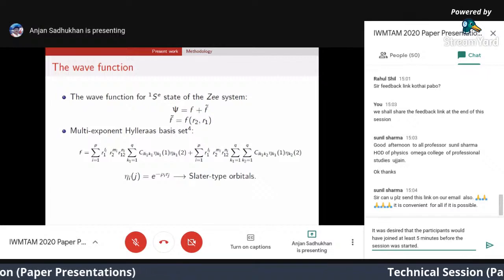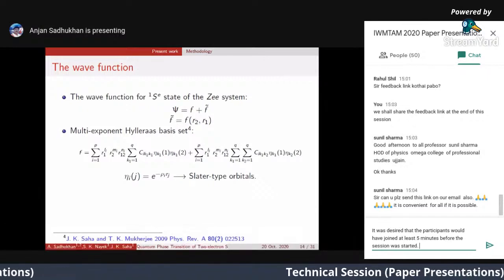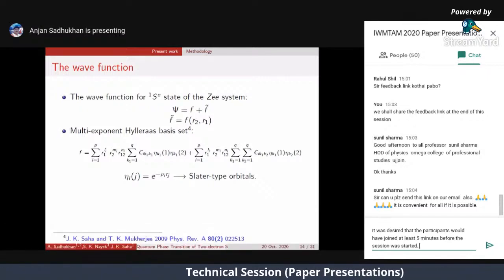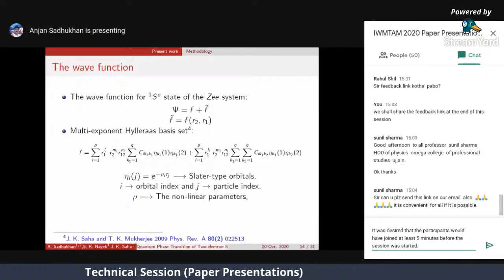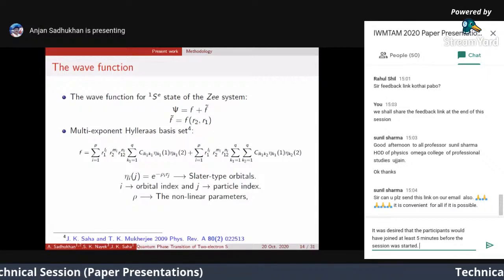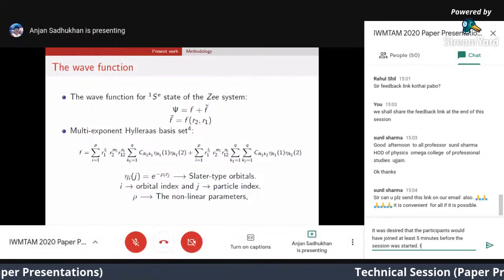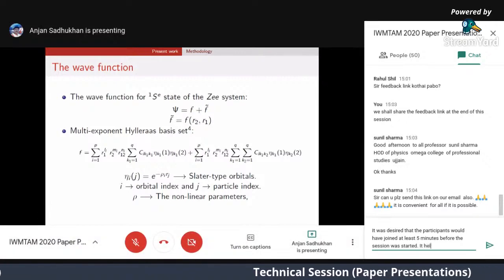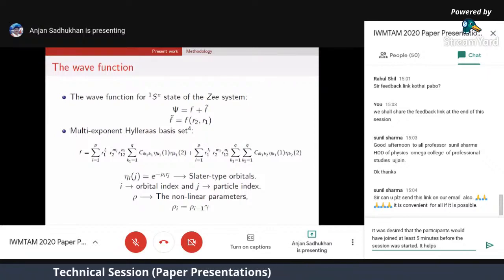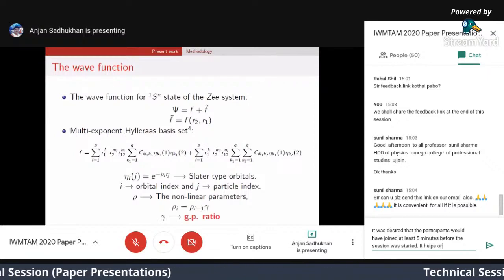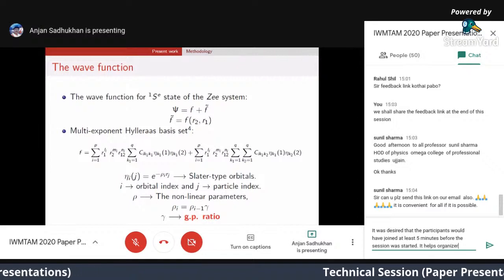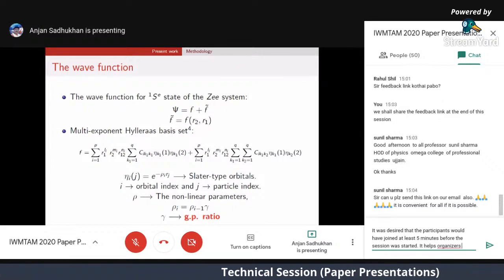In the present calculation, we have considered a multi-exponent basis set, and the nonlinear parameters rho in this expression are generated from a geometrical progression with GP ratio gamma. To obtain the lowest ground state energy, the gamma value is varied smoothly.